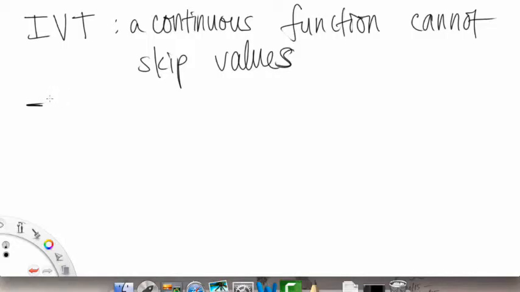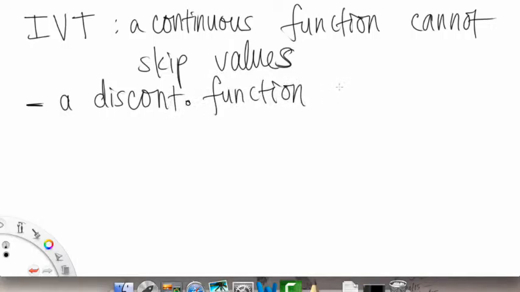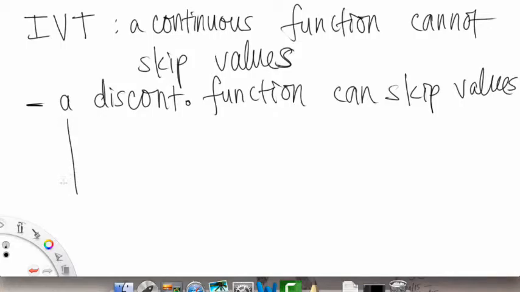And a converse to the theorem is that a discontinuous function, so one that is not continuous, can skip values on an interval. What I mean by this is that the intermediate value theorem says, let's say you have a continuous function, something like that. On this interval, here's the first value that we see on our interval, and then here's the last value, about here.